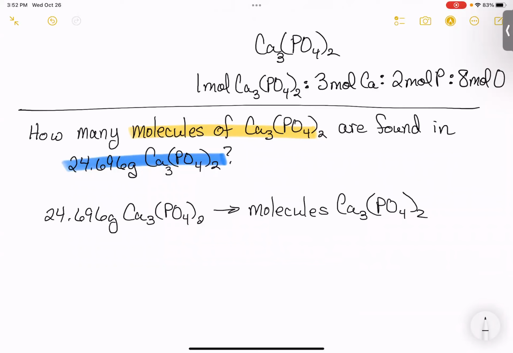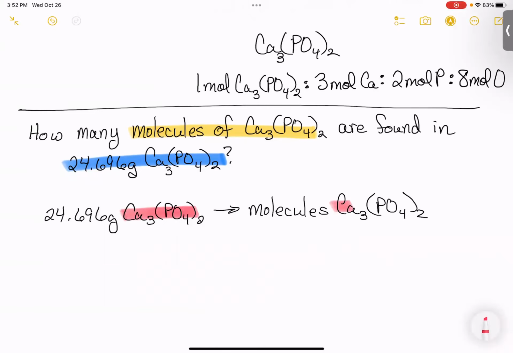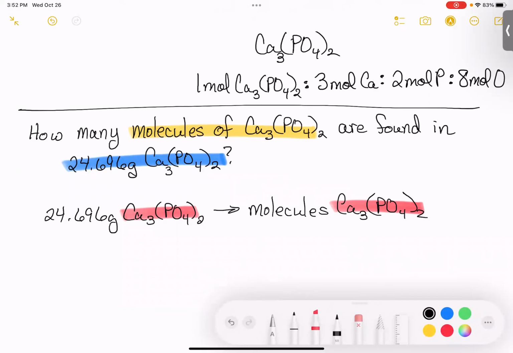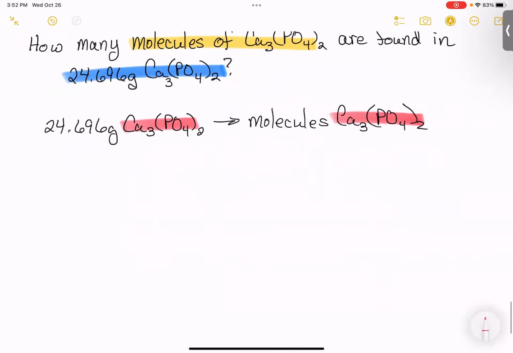First thing I note, the first thing I always look at is going to be the substance. What I note here is that I am working with the same substance, so no mole to mole ratio is going to be needed.